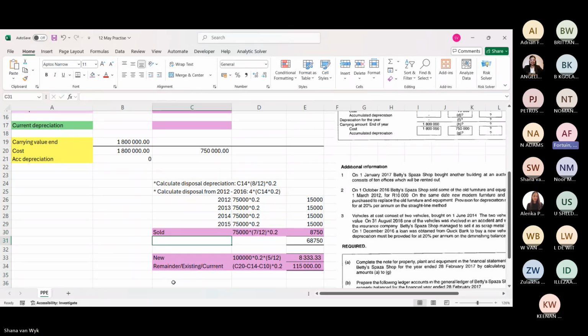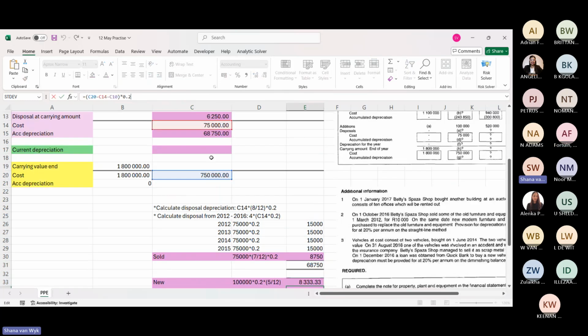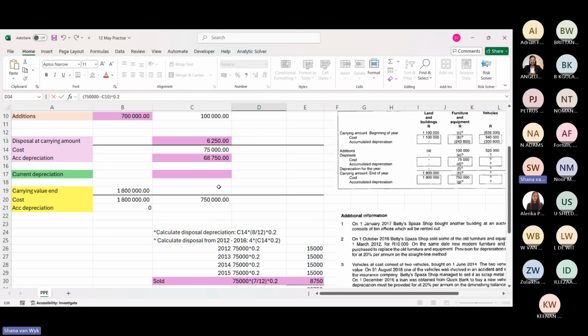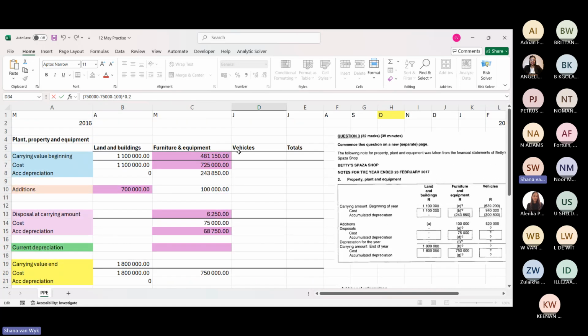Now you can add those three up. Shauna, don't do the C's, please. When people go back to the spreadsheet, the C's make them mixed up. So just go equals 750, 1, 2, 3, minus 7, 5, 1, 2, 3, 100, 1, 2, 3.